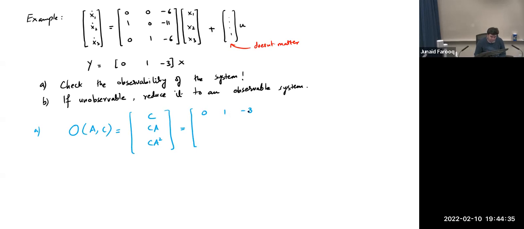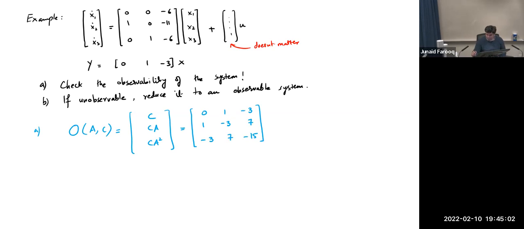If you do C times A, you're going to get 1, -3, 7, and then -3, 7, -15 for the next row. Now we want to determine the rank.